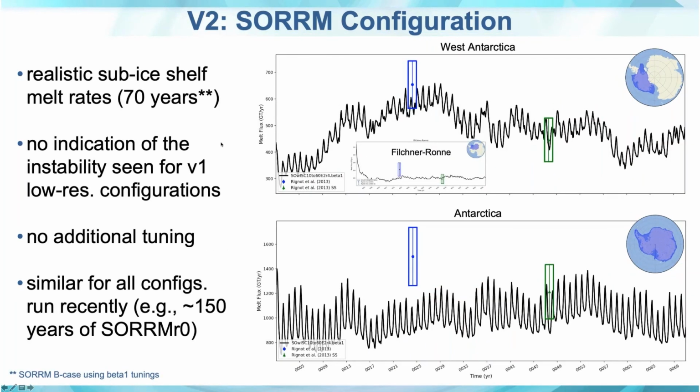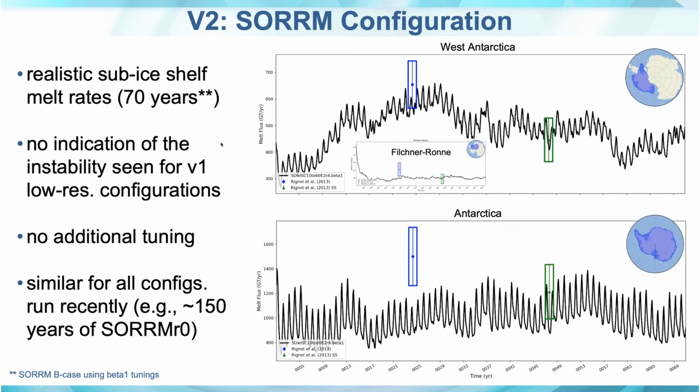In the Southern Ocean refined configuration, the big take home for the V2 simulation campaign is that we don't see this problem. We have run a lot of different iterations and configurations using this Southern Ocean refined mesh, and we don't see this instability popping up in any of those simulations.